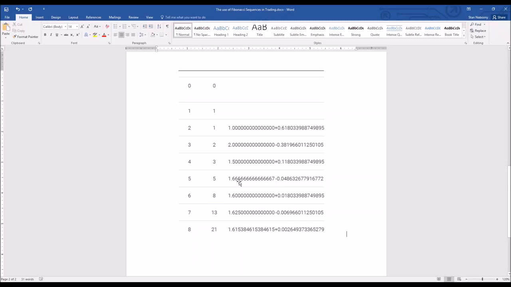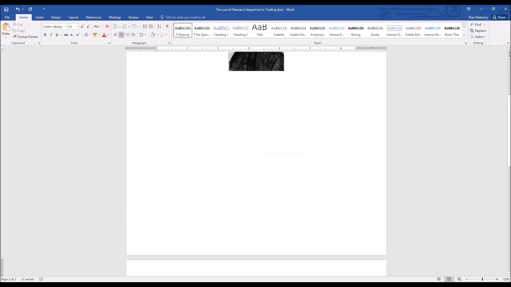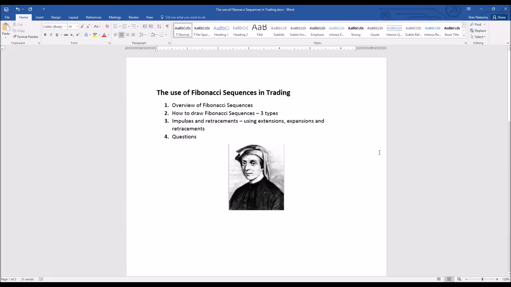The reason Fibonacci sequences work, and this is key, is that we have a lot of people out there that use them. A lot of people get into Fibonacci sequences and how everything in nature is composed of Fibonacci sequences. Well, that's a valid way of looking at it.